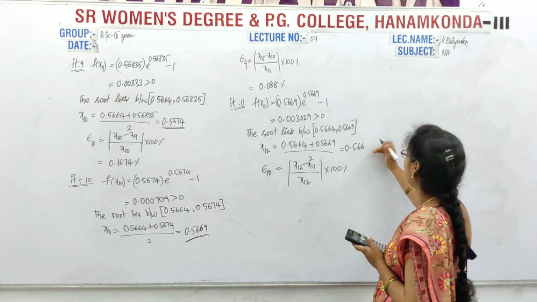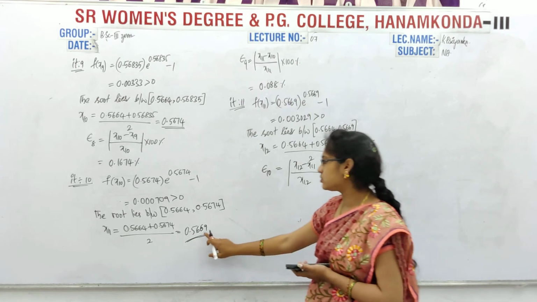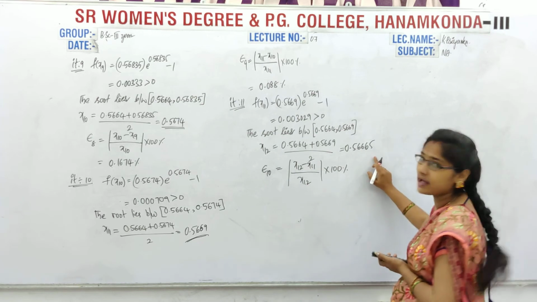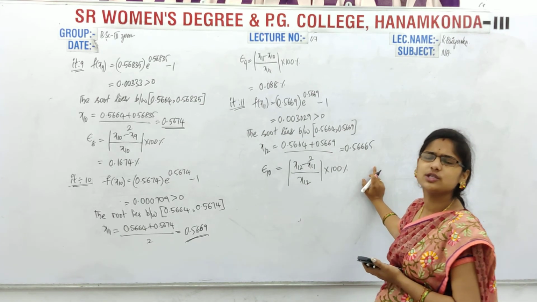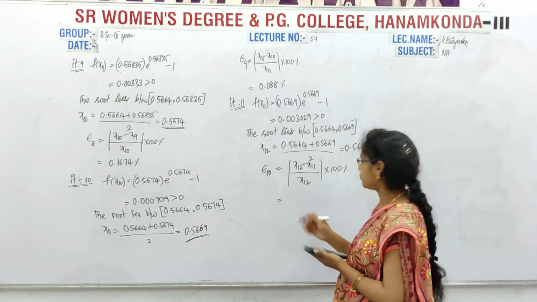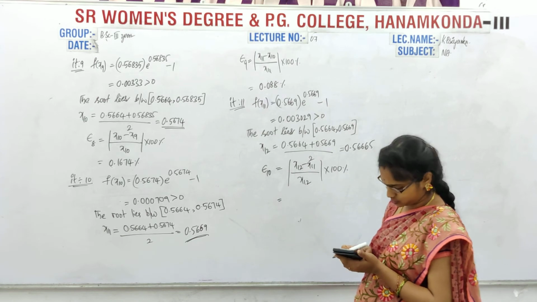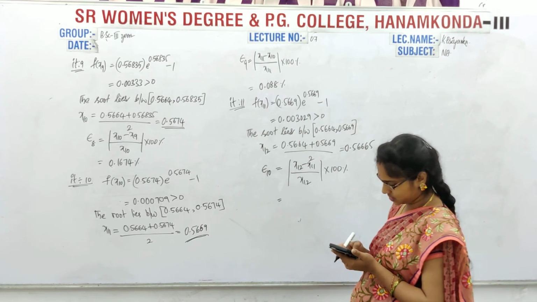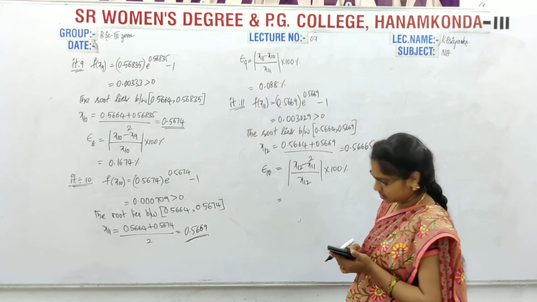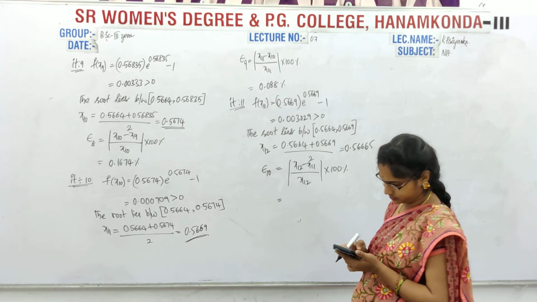Of course here we are getting 0.5665. Okay, so 0.5665 also is a very near value. 0.56 is the same, and here we have 9 and here we have 6, just 0.0003 only. Now here x12 minus x11, 0.5669, divided by 0.5, into 100.